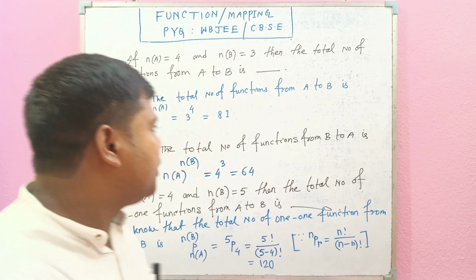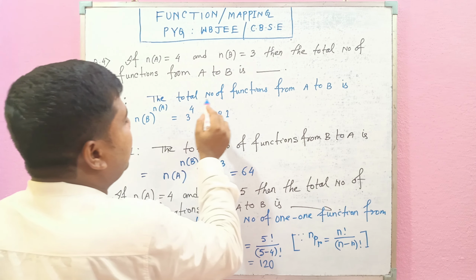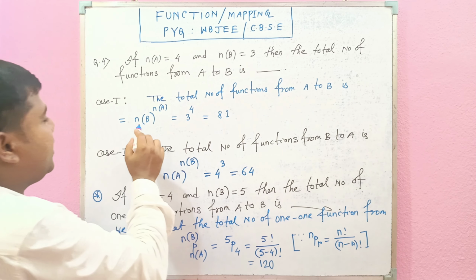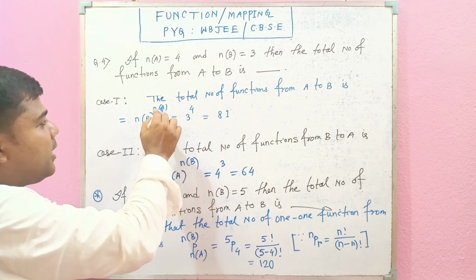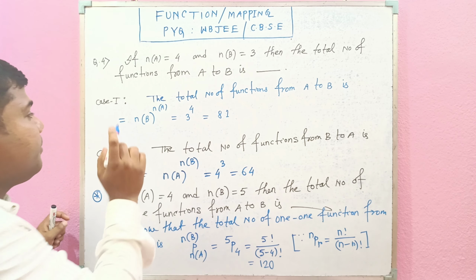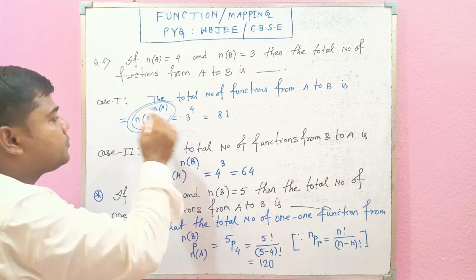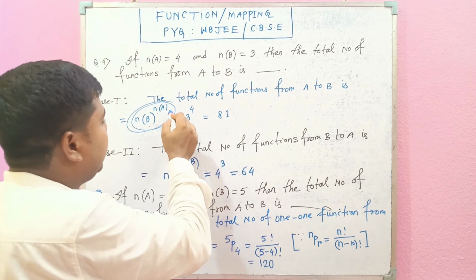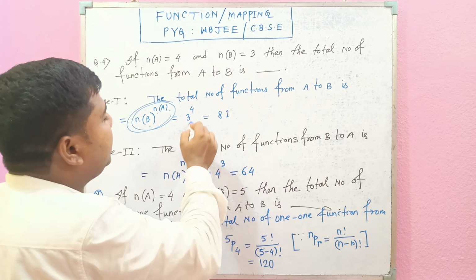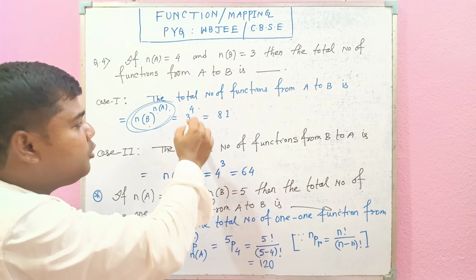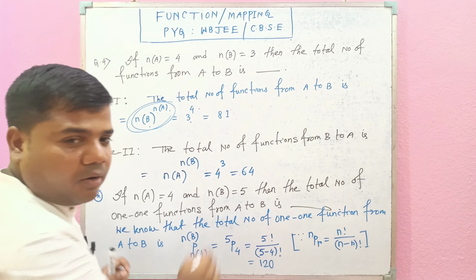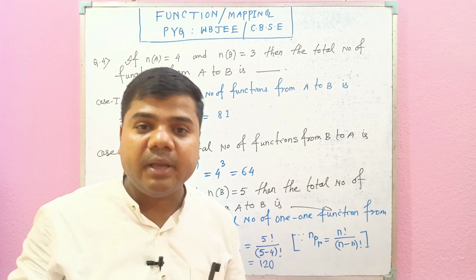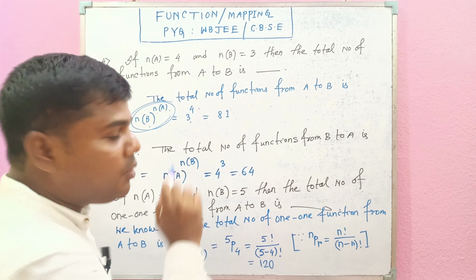Case number 1: the total number of functions from A to B is n of B power n of A. Okay, please remember this. n of B power n of A, that is 3 to the power 4. 3 to the power 4 is equal to 81. So the total number of functions from A to B is equal to 81.